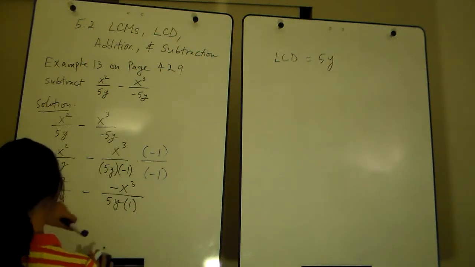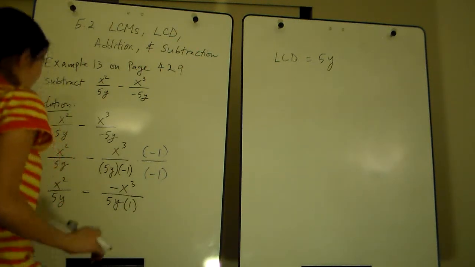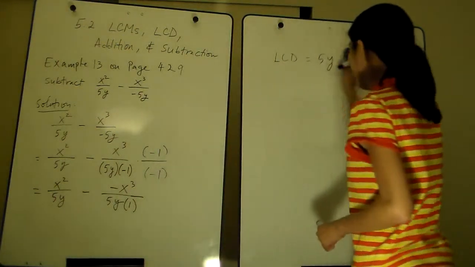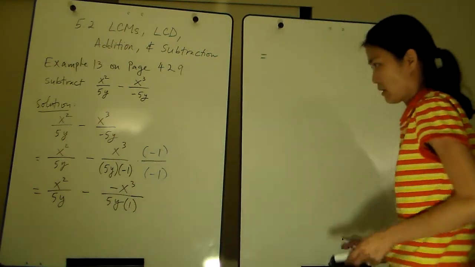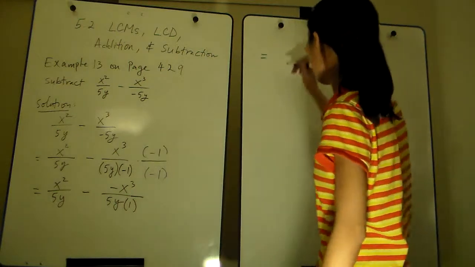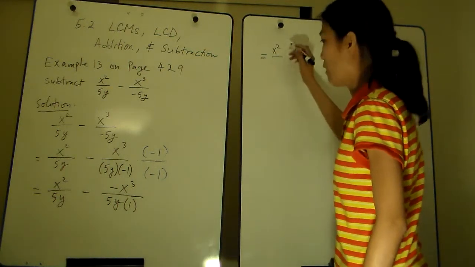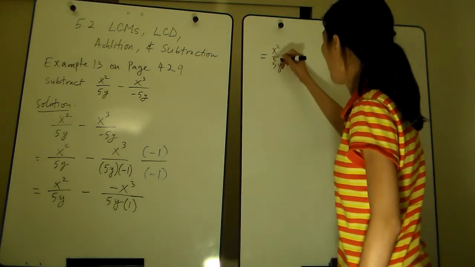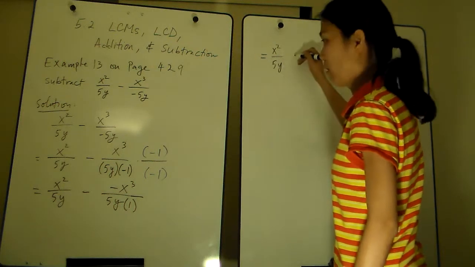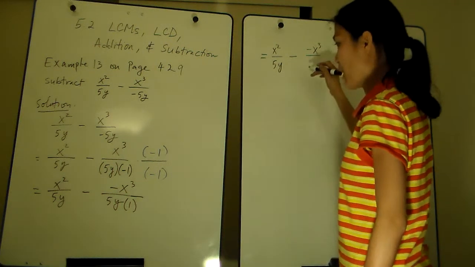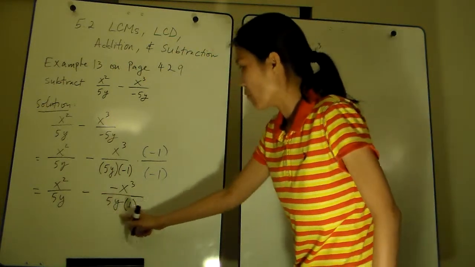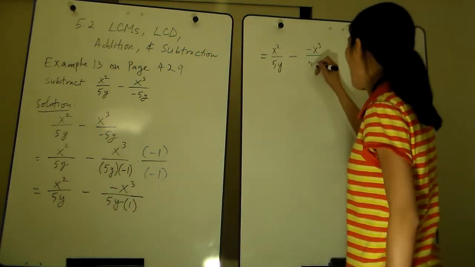Okay? Simplify further, you have x squared divided by 5y, subtract negative x to the third on top, divided by 5y times 1, which is 5y.